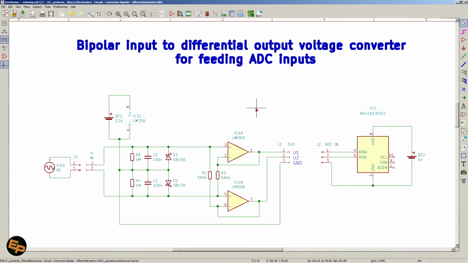Now, a version of the schematic can be found on the internet. However, that particular version I found to be not so well working. Okay, so what I found on the internet is this configuration with two op amps, both in non-inverting configuration, and they were also providing some amplification factor.